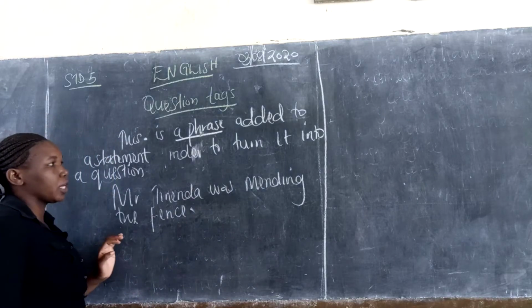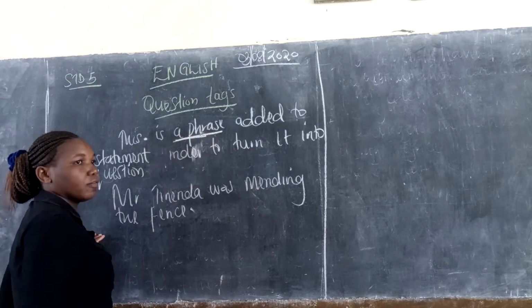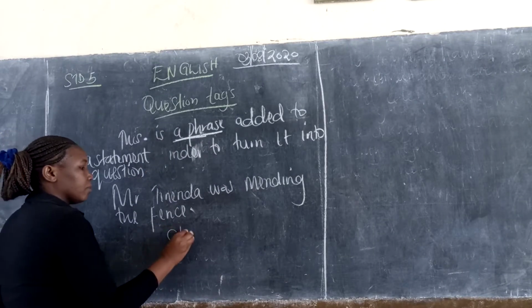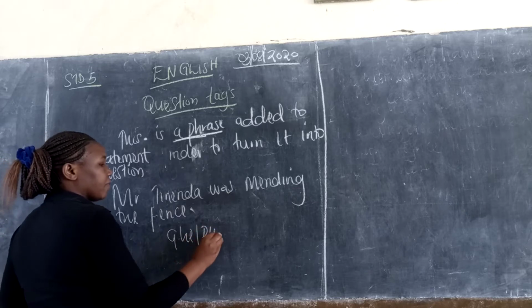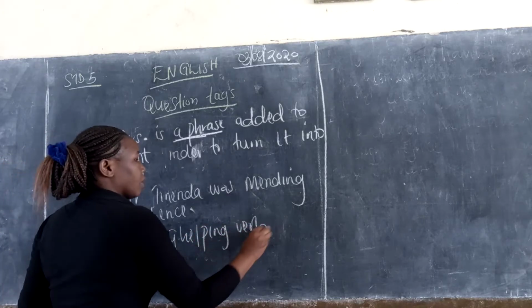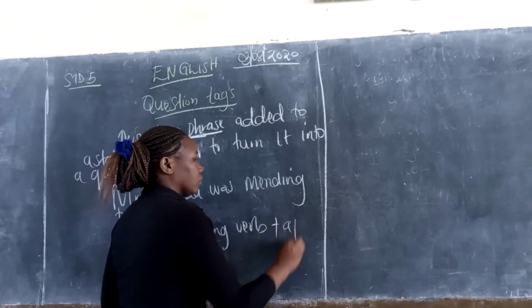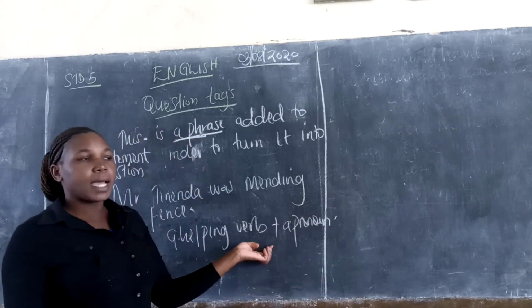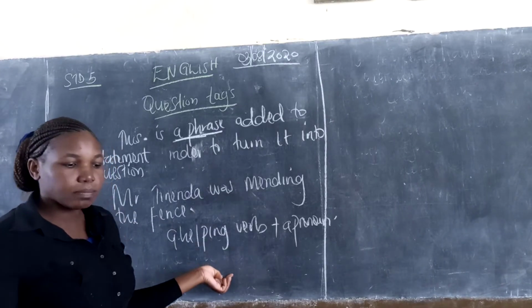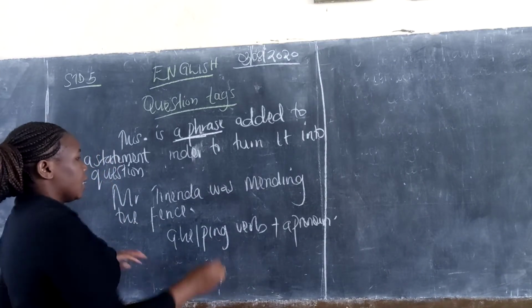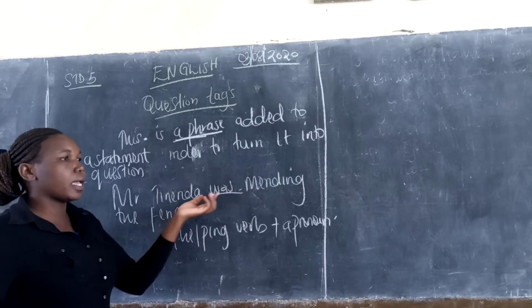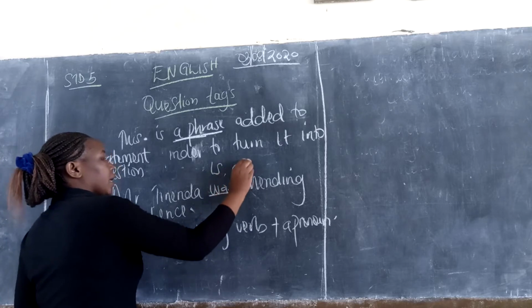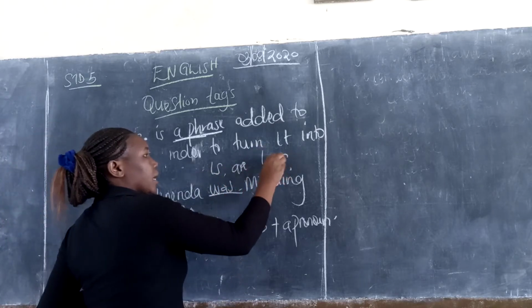For us to form a question tag, we usually use a helping verb plus a pronoun. Helping verbs in a sentence can be was, is, are, has.